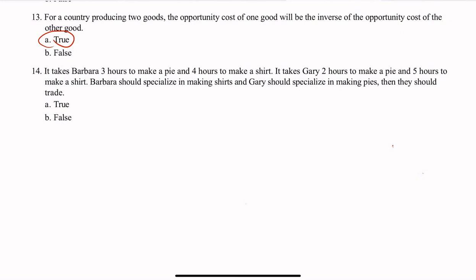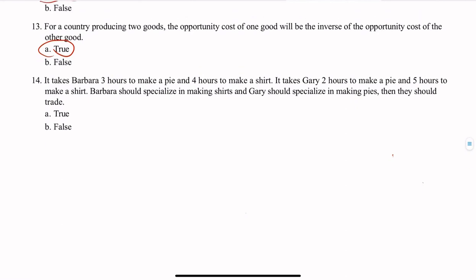This is the very basic format of thinking about comparative advantage, right? What you need to do is look at these numbers and calculate their opportunity cost. Then you can decide their comparative advantage. So the first person needs 3 hours to make a pie and 4 hours to make a shirt.